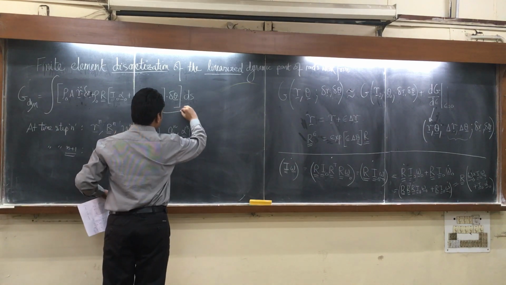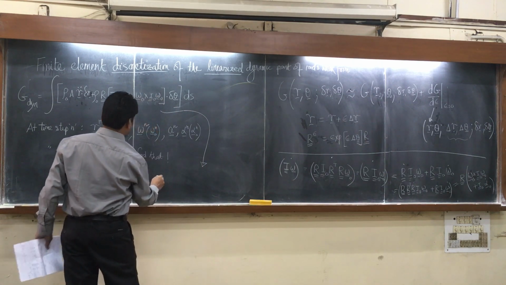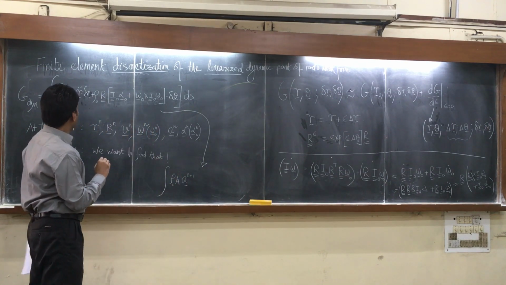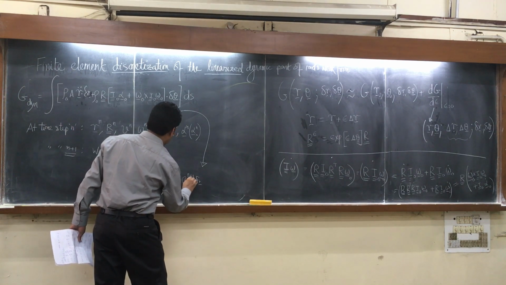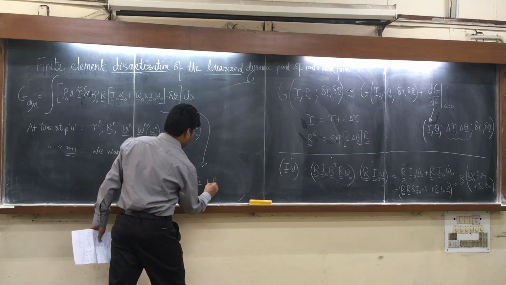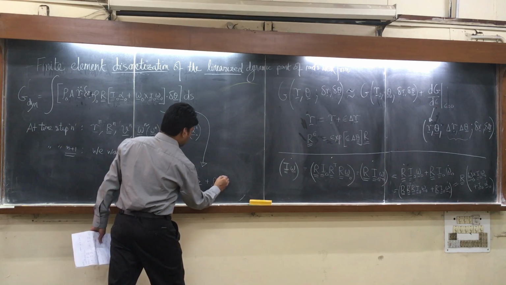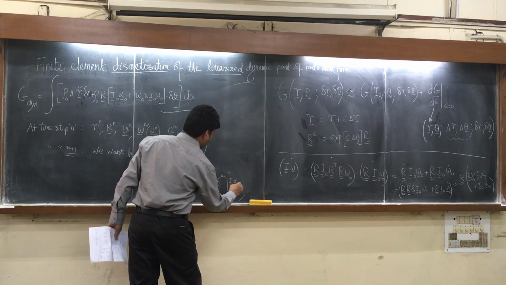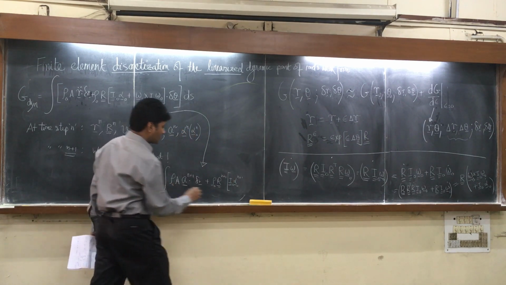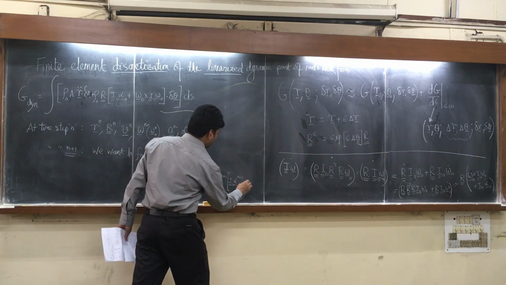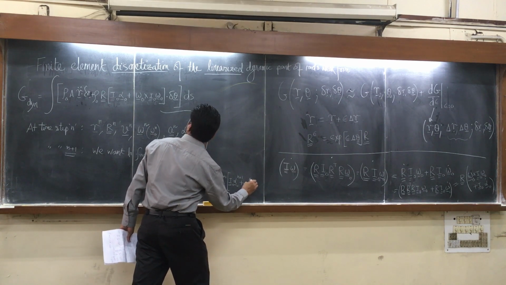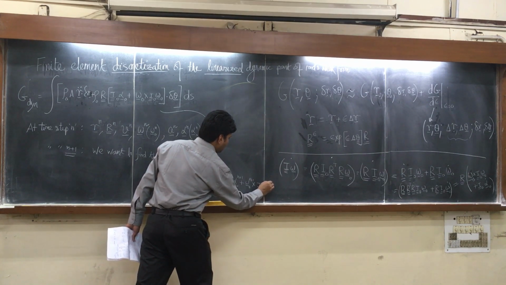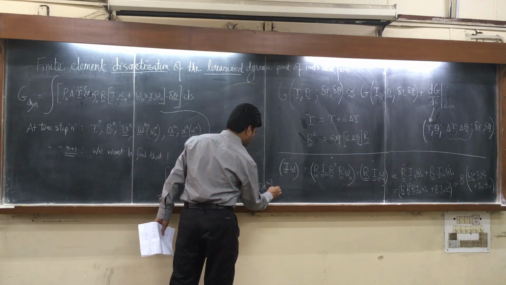So we can also write this as acceleration a at n plus 1 dot del r plus rho naught r at n plus 1 into I naught alpha naught at n plus 1 plus omega naught n plus 1 cross I naught times omega naught at n plus 1. This is then dotted with del theta.